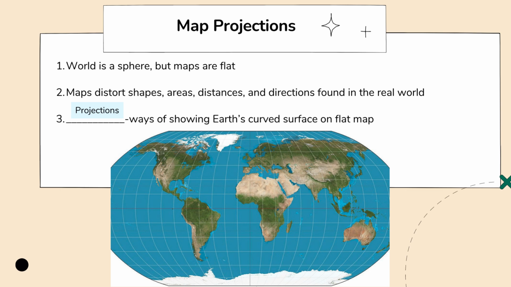There are 5 main types of projections, each with its own strengths and weaknesses. I do not expect you guys to remember what all 5 of the projections are. To be honest, I couldn't tell you all 5 of the projections without reading in the book for it. But just know that that's why maps can look different. So for example, the one on your screen looks one way, and it has kind of those rounded corners on it to show that curved surface on a flat map. But other maps are going to look different based on which projection the cartographer chose to use.